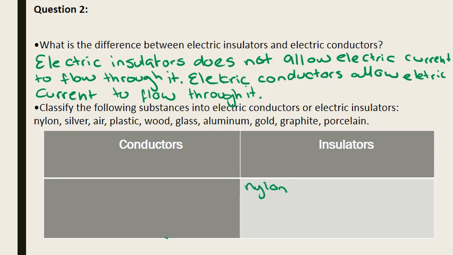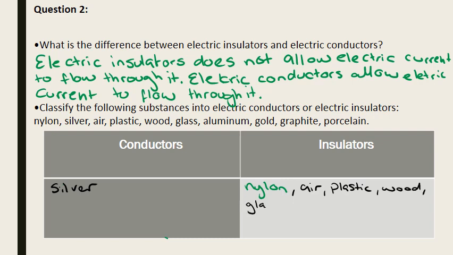Silver is a conductor. Just going to change the color here because you can't see it properly. Air is an insulator. Plastic is an insulator. Wood is an insulator.